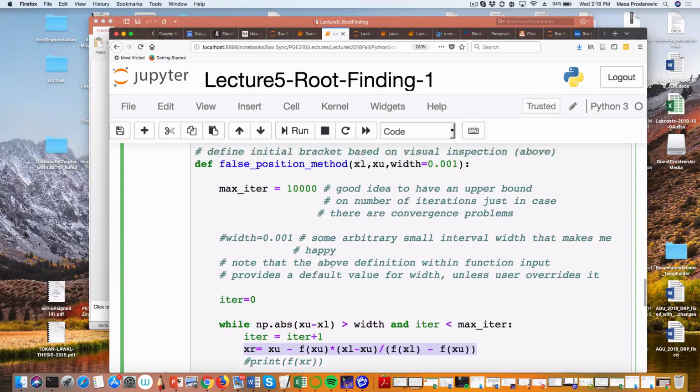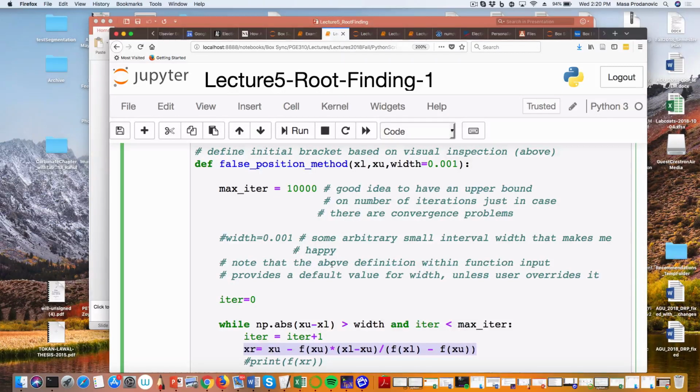Now, one thing: for some reason it didn't run during the last class, so I put in my attempt to debug at the end of the class, I put in the iteration number. And this is actually a good idea always to do, just in case you are caught up in some sort of an odd problem, you'd like to catch it and not have an infinite loop.